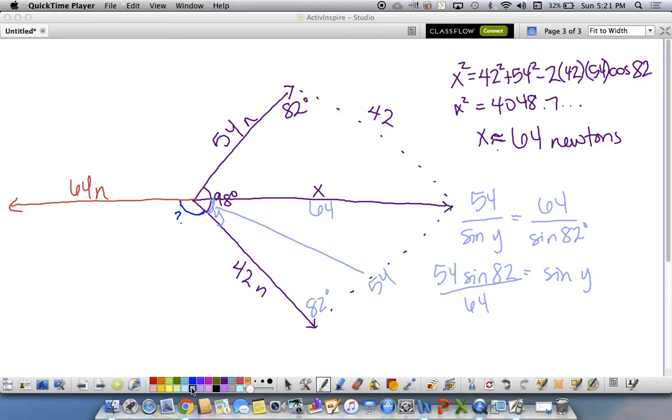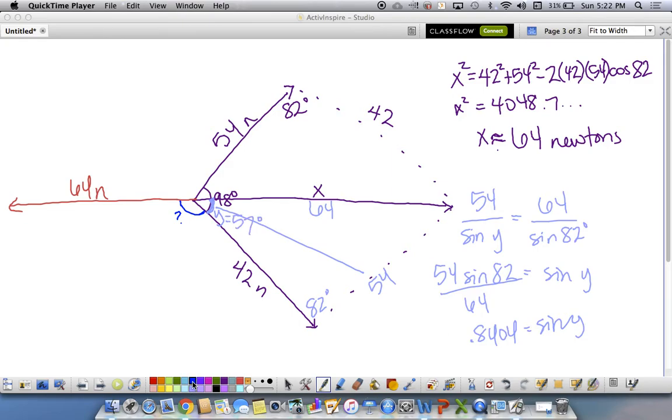So 54 sine 82 divided by, I'm going to go up and use the answer, 63.6, etc., etc. I get 0.8404 something is sine y. So second sine, inverse sine, second answer is 57.18. I'm going to say my angle right here, this piece, is 57 degrees.